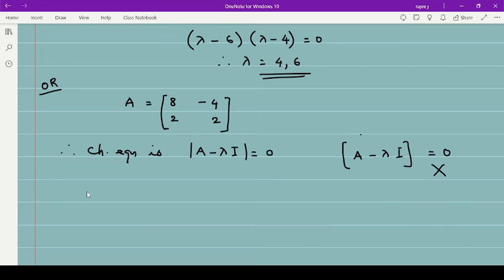A matrix cannot be evaluated like a determinant. So if you write the characteristic equation like this, it is wrong, because you cannot open a matrix like we open a determinant. So when you write a characteristic equation, be careful, you write only the determinant there.